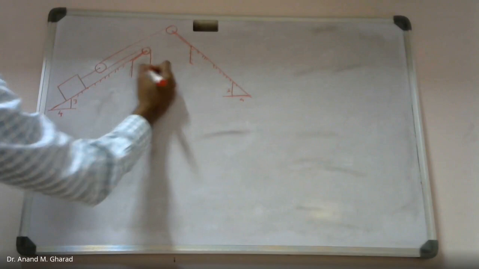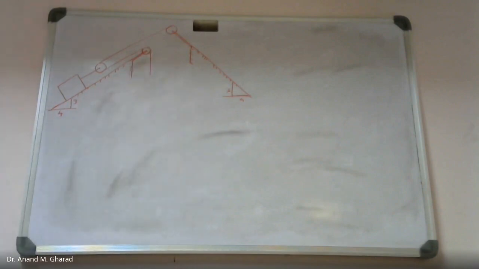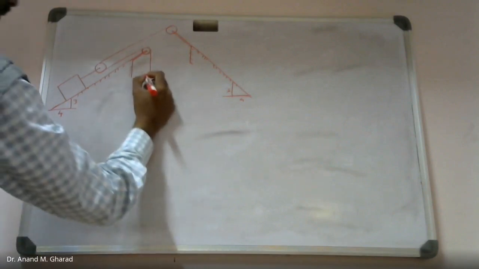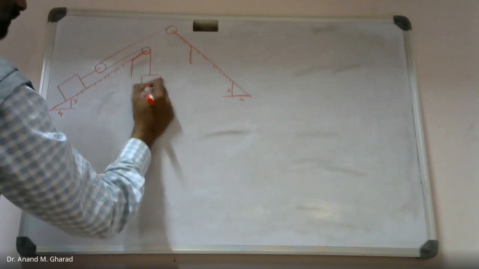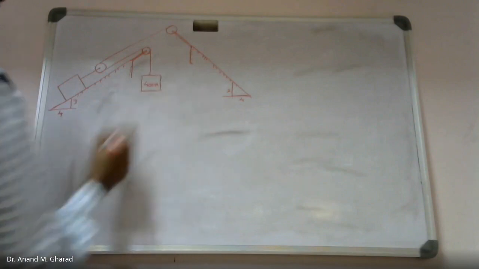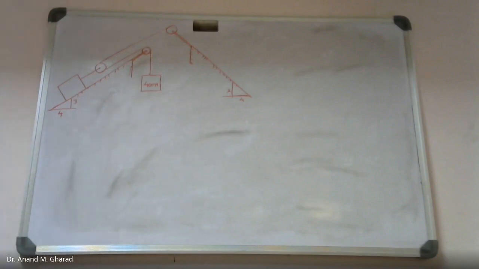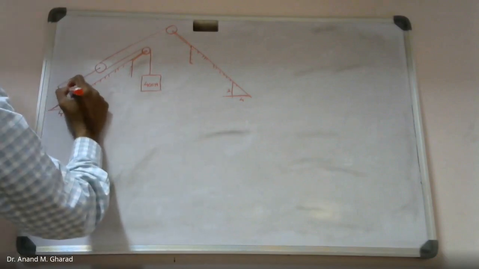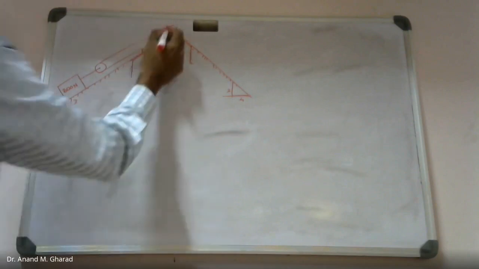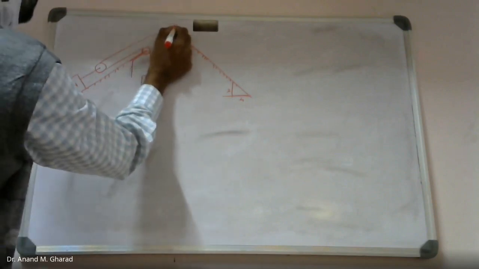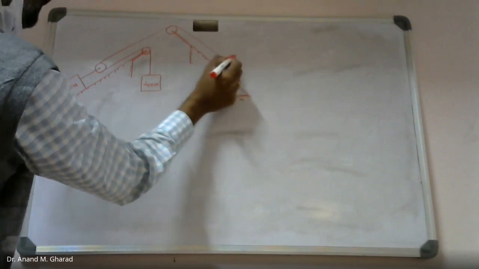Over here, there is one weight which is attached. This is 400 Newton. This weight is 800 Newton. And one more weight of 1000 Newton is attached over here, like this.